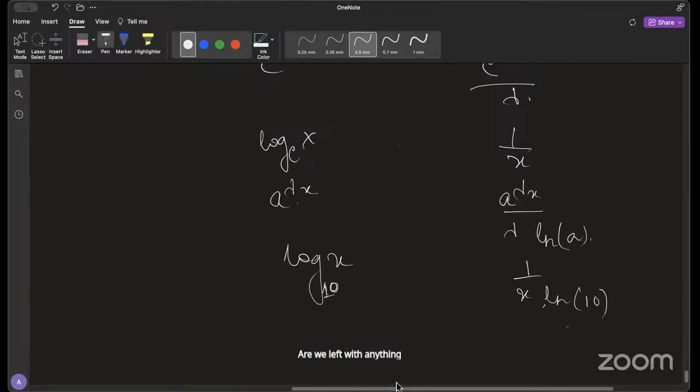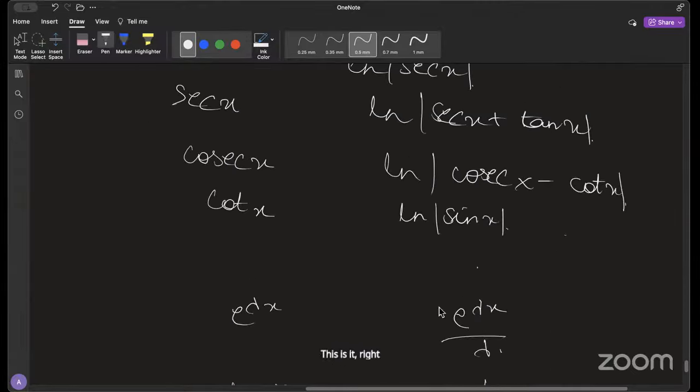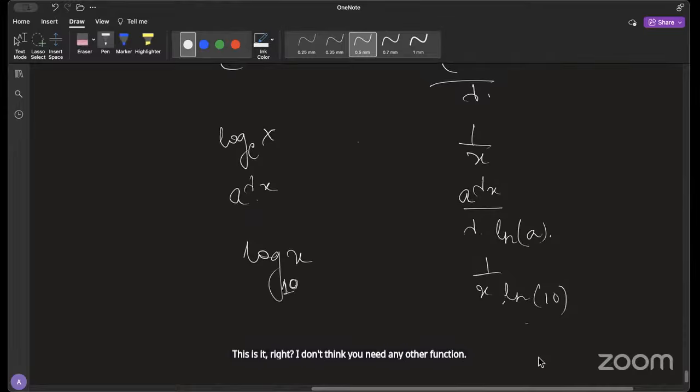Are we left with anything else? This is it, right? I don't think you need any other function. That's all you need.